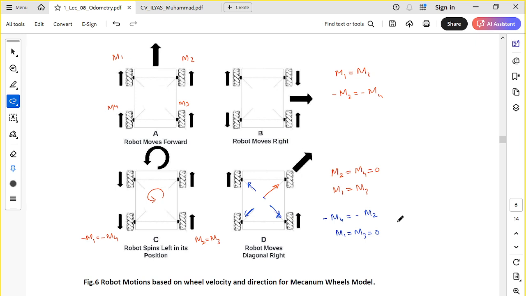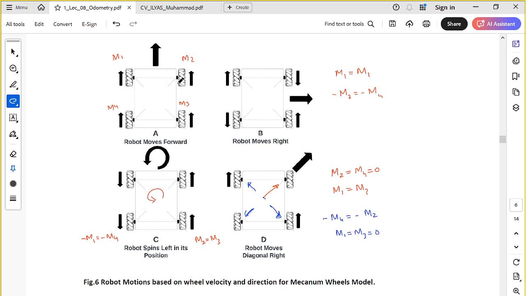For example, again we have these 4 wheels, but now the wheels are not rollers, they are mecanum wheels, and we attach them in this configuration M1, M2, M3, M4. We can achieve forward motion, backward, diagonal, leftwards, rightwards, by controlling the motion of these 4 motors.